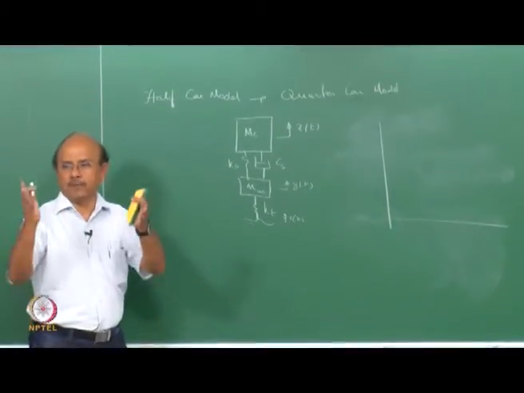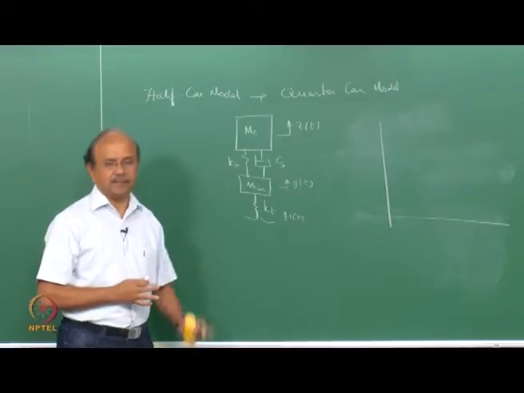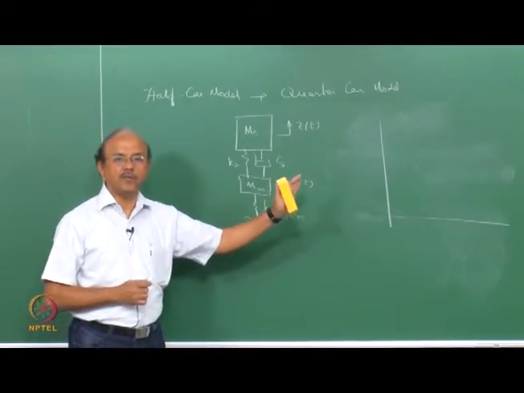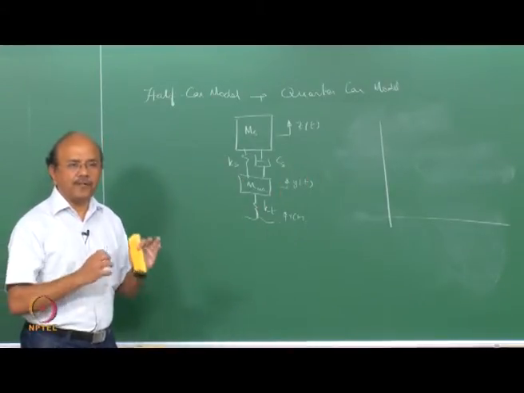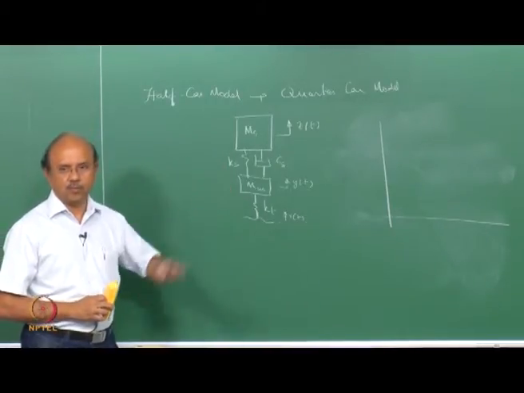This you already know from elementary vibration classes. I'm going to exploit that, and you will see right now that it is not going to be a very straightforward technique. Before deriving, let us look at the result. That's not the right way to do it, but this is just to motivate.